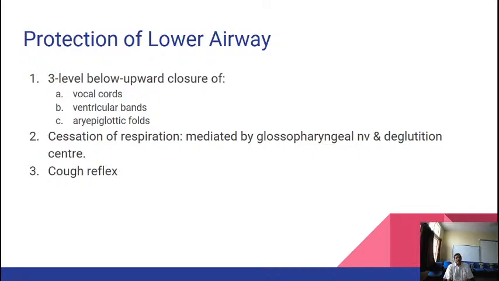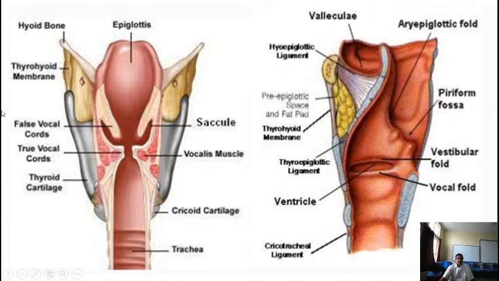Now, the first 3 levels of obstruction or closure of the larynx are first the aryepiglottic folds, which are circular.